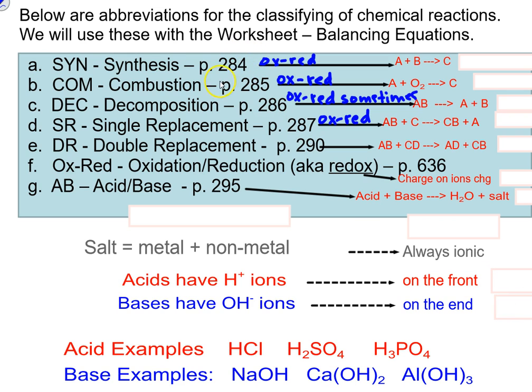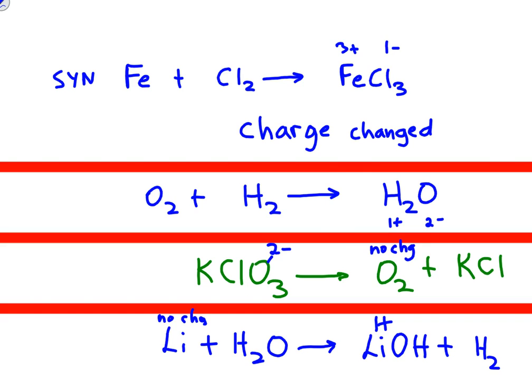See, synthesis, combustion, decomposition sometimes, and single replacement. These three, synthesis, combustion, and single replacement, will always be oxred. And the way you'll know that it's oxred is you're going to have an element on one or both sides. So synthesis is also oxred. And let's see why.